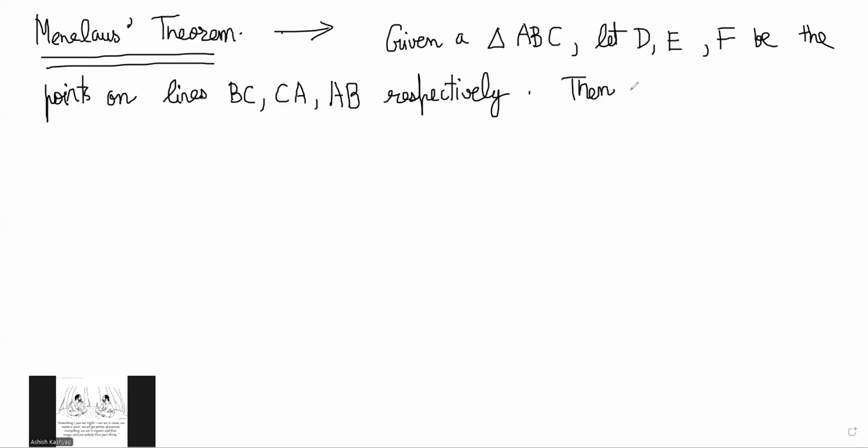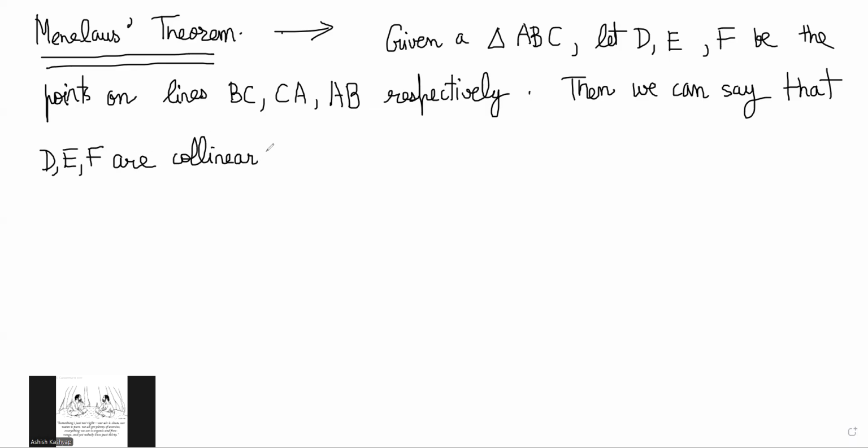Then we can say that D, E, F are collinear if and only if AF by FB multiplied by BD by DC multiplied by CE by EA is equal to 1.